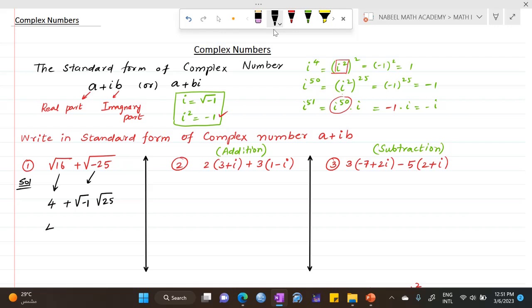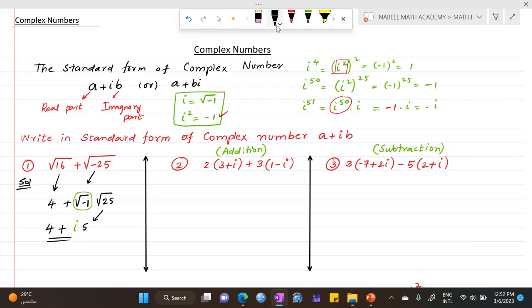As we know before, the square root of minus 1 is nothing but i, and the square root of 25 is 5. So this is the standard form of a complex number, 4 plus 5i.